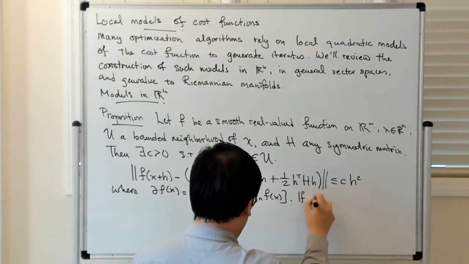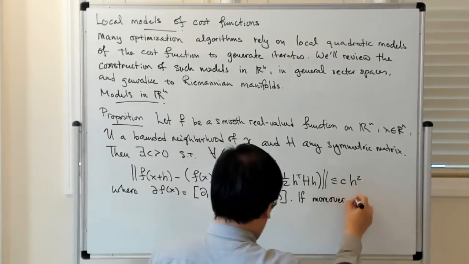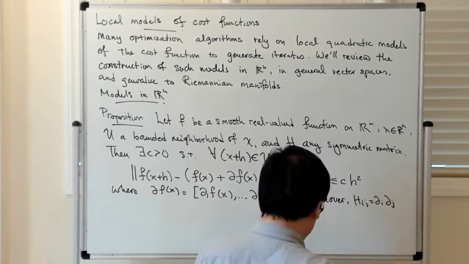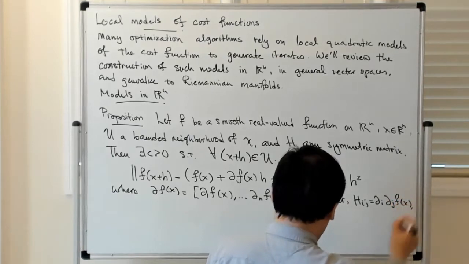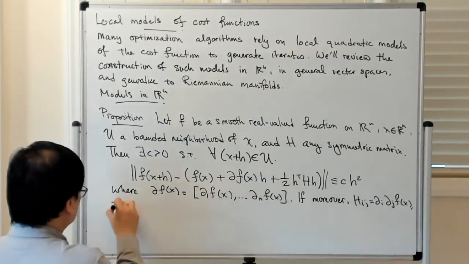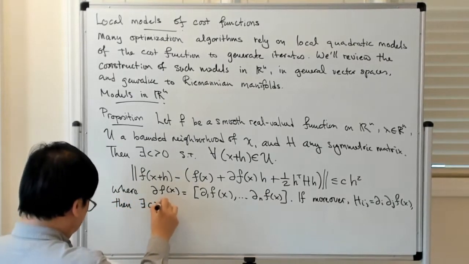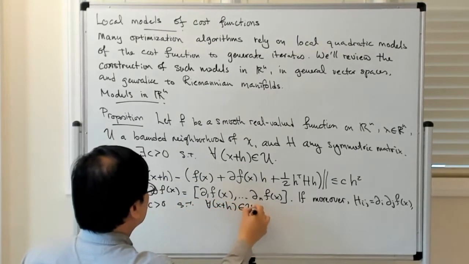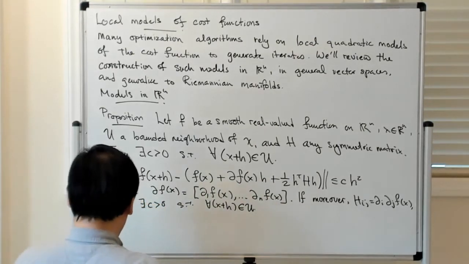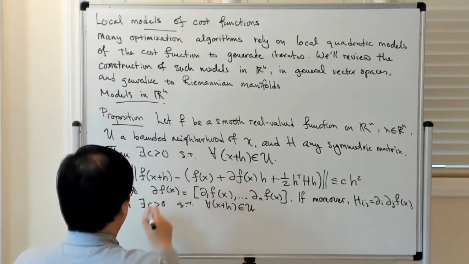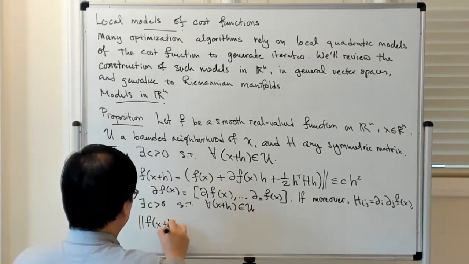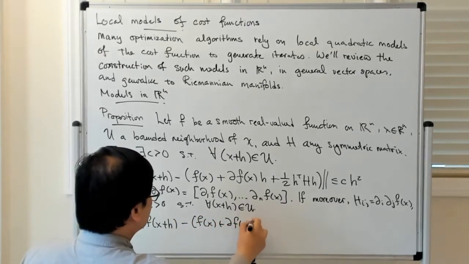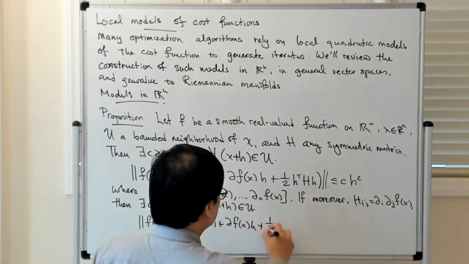Okay, so if, moreover, Hij is equal to this mixed partial, then again there exists some constant c greater than 0 such that for all x plus h in this bounded neighborhood U about x, this function is well approximated by this quadratic model.